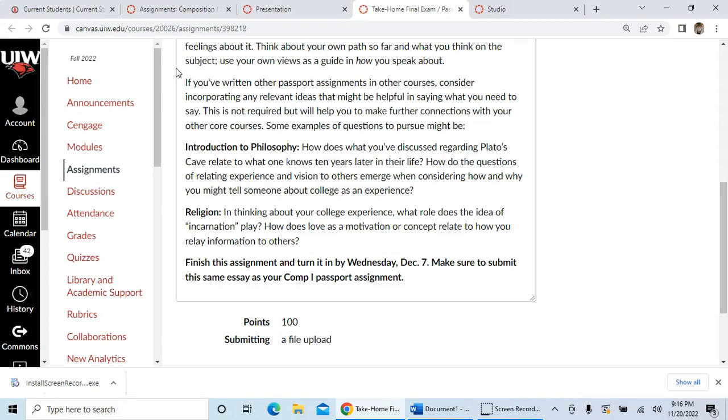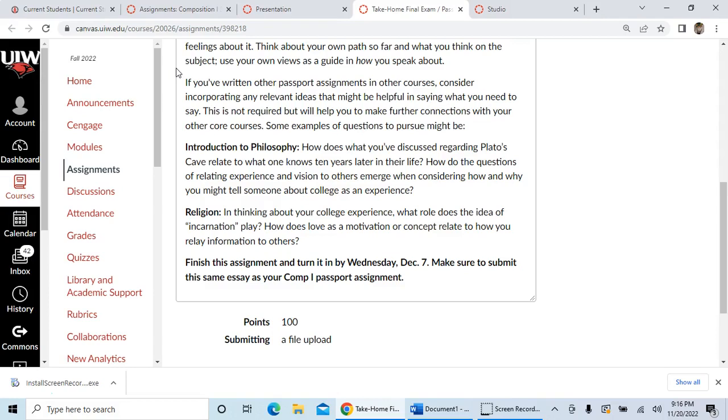Some examples of questions to pursue might be: Introduction to Philosophy. The Passport assignment for them is talking about the Plato's Cave allegory. So how does what you've discussed regarding Plato's Cave relate to what one knows 10 years later in life?